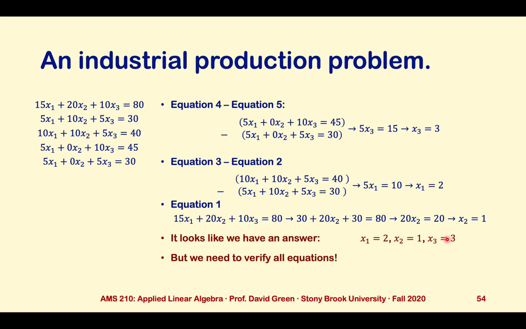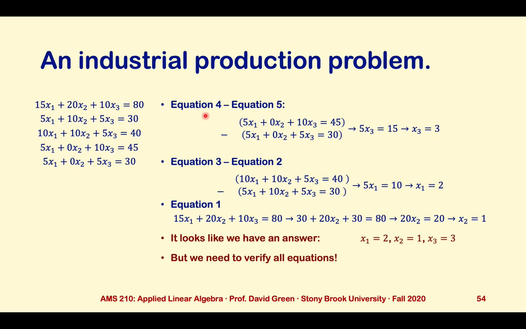Very important with these kinds of systems, it is not sufficient to get something that looks like an answer and then stop. We have not actually used all of the information in this system to get this answer, because in subtracting these equations, we've lost some of the information.